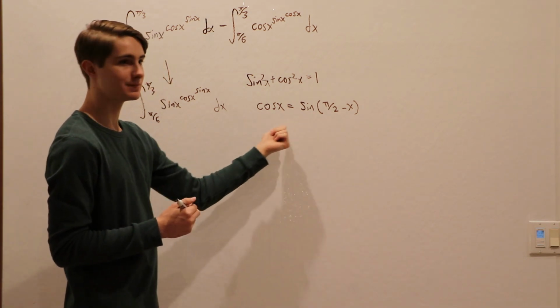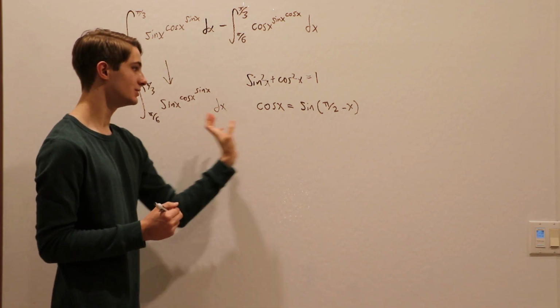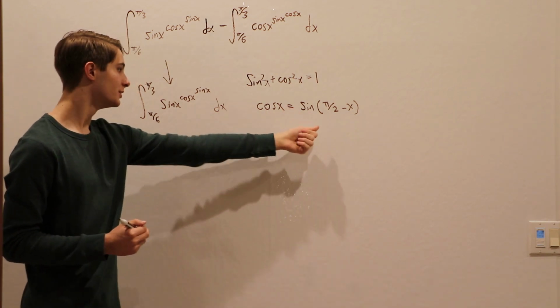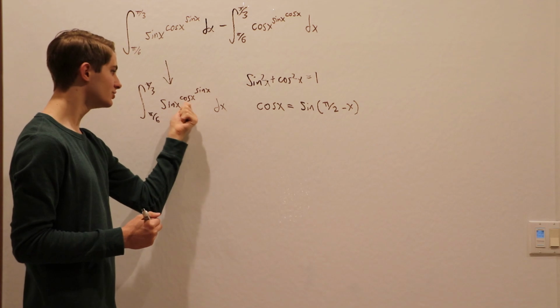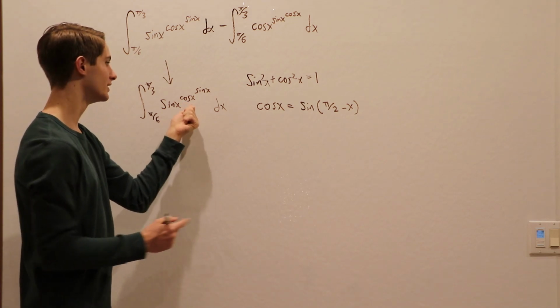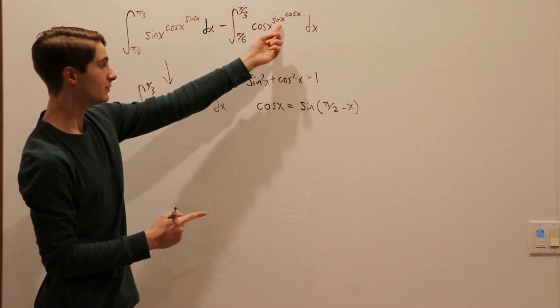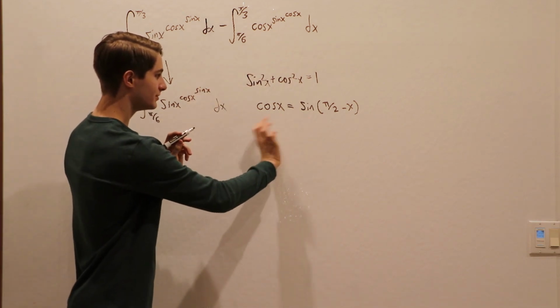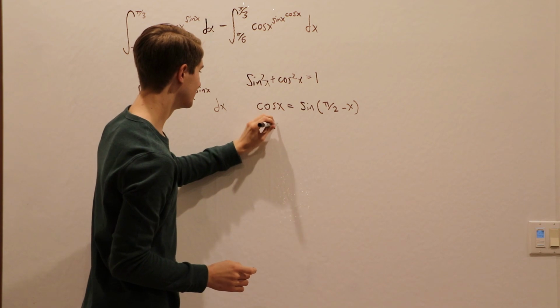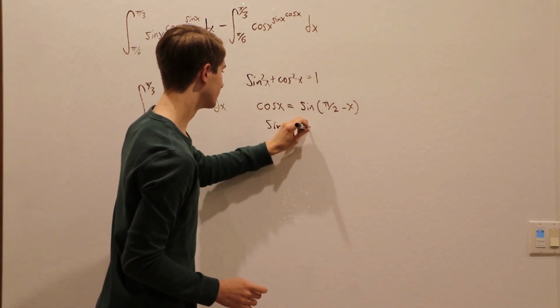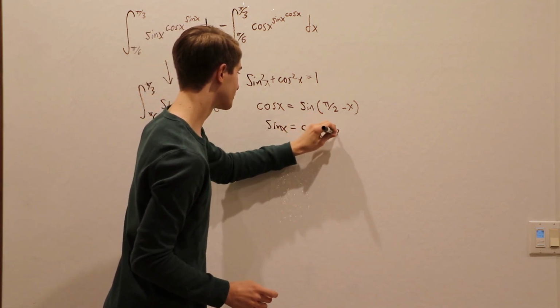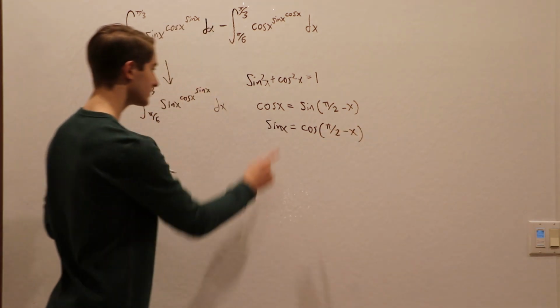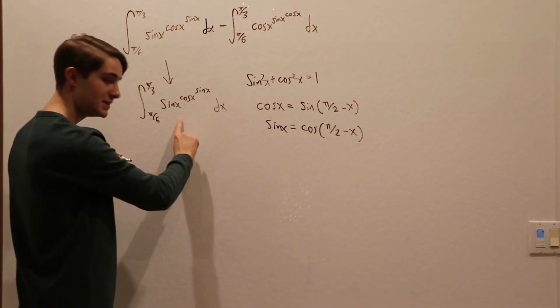Now this is something that we can use a lot easier because without doing any fancy algebra, we can immediately plug this identity into our cosine of x right here and change it into a sine, which is what we want in our resulting integral. And we also know that we can flip these two functions around. We know that sine of x is also the cosine of pi over 2 minus x. So these two, again, we can immediately plug them in.